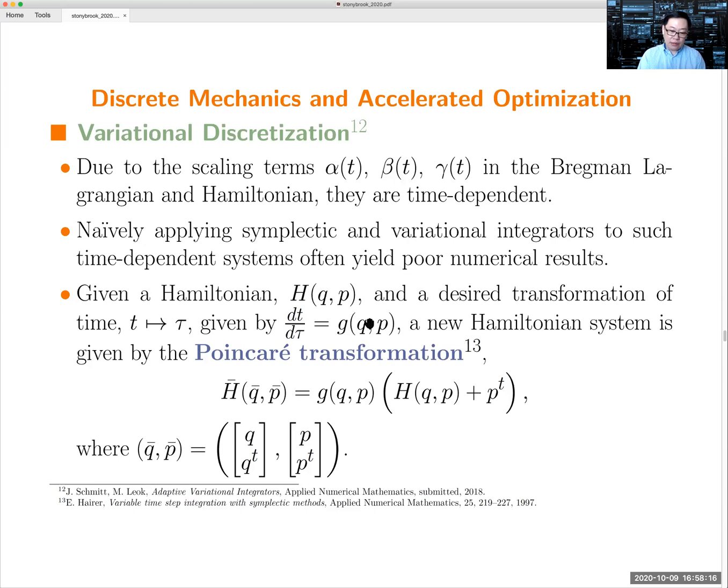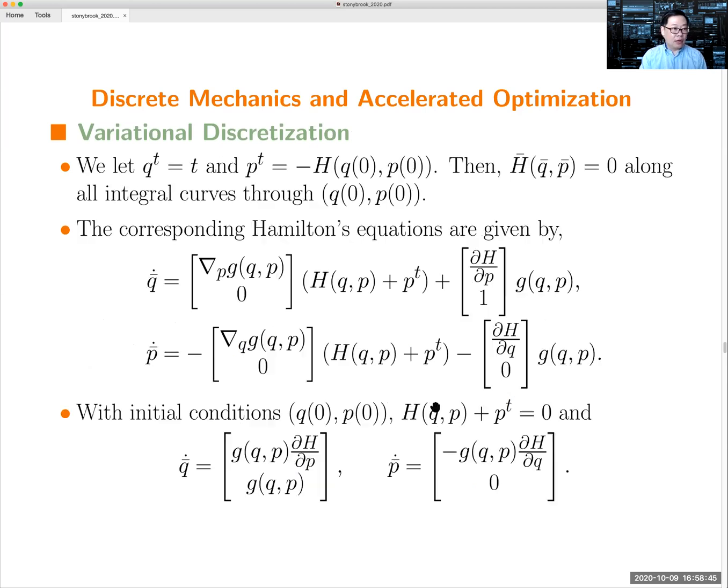And so for fixed time steps, you have very good energy stability and the error stays bounded for exponentially long times. But if you naively change the time step without worrying about what's going on, you'll find that the energy drifts. So if you were to use this Poincare transformation instead to do time adaptation, you would still have this good energy behavior. So that's maybe the point of distinction.